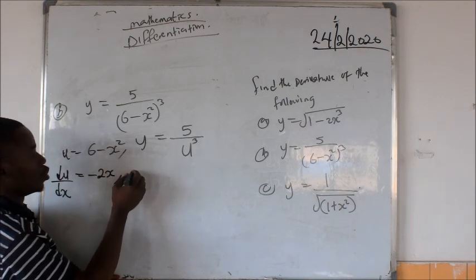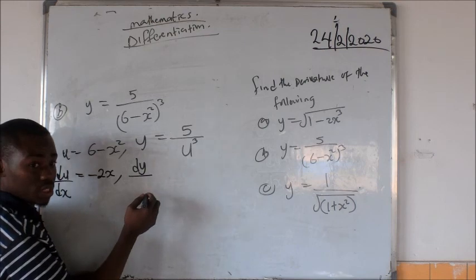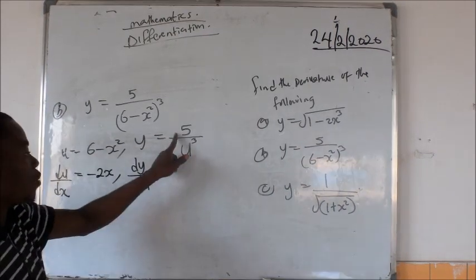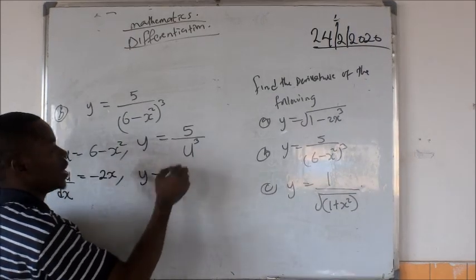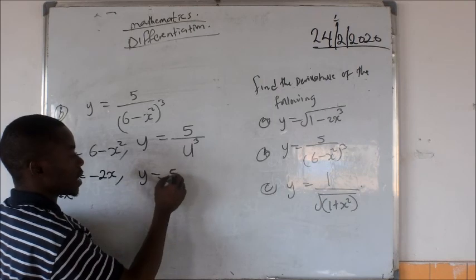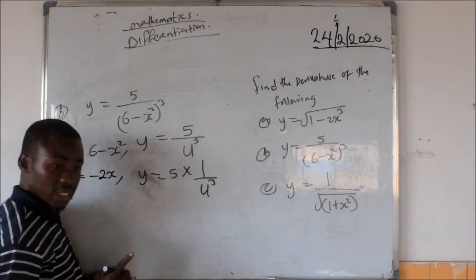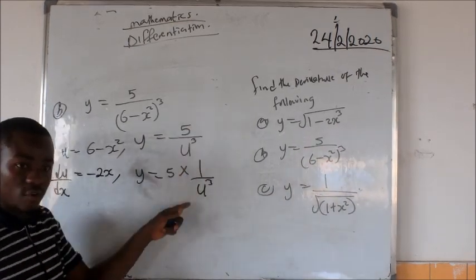Y back. How will you do? You do dy over du. But before you differentiate, wait, sorry. This particular one is still the same thing as 5 times 1 over u raised to power 3. 5 times 1 will still give you back 5 over u cubed.